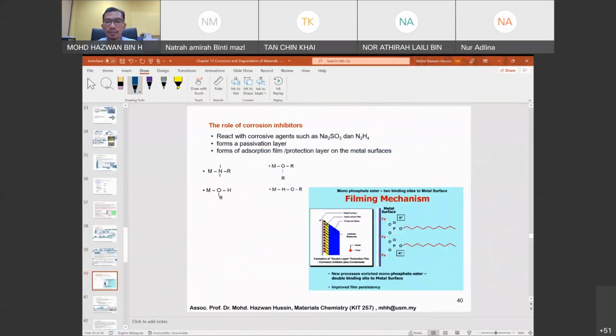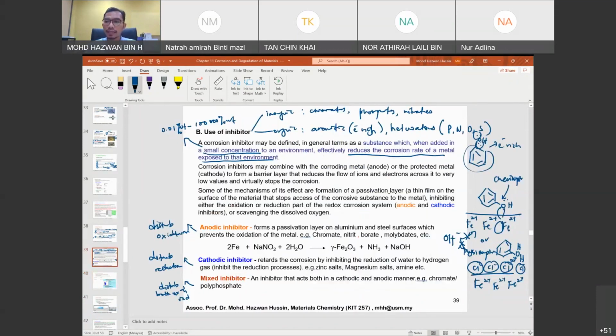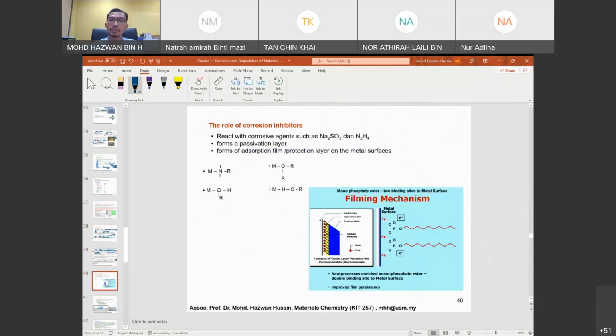The role of a corrosion inhibitor is that it reacts with a corrosive agent. At the same time, it can form a passive layer, because the interaction between the corrosion inhibitor and the metal surface can form a temporary bonding, electrostatic bonding or whatsoever, and then it will form a protective layer. It forms an absorptive film or protective layer on the metal surface. In this example, you have a phosphate ether.